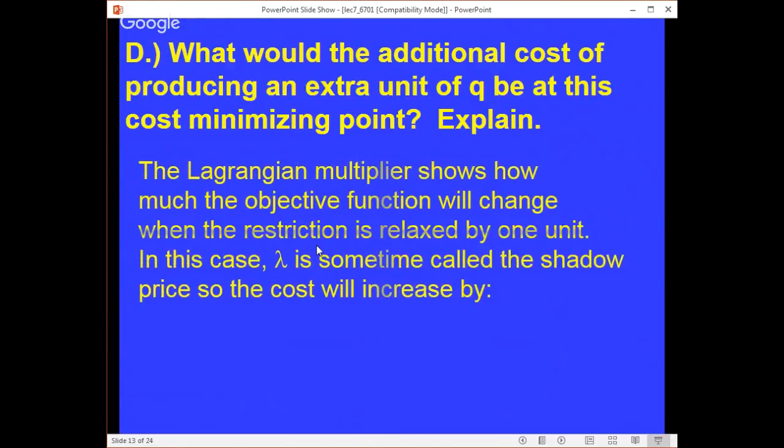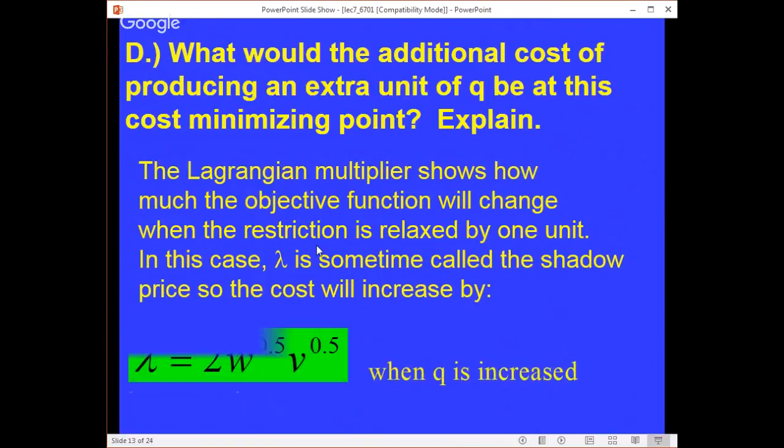The Lagrangian shows how much the objective function will change when the restriction is relaxed by 1 unit. In this case, lambda is sometimes called the shadow price. So the cost will increase by lambda. So if I have 1 extra unit of output, my cost will increase by that much.